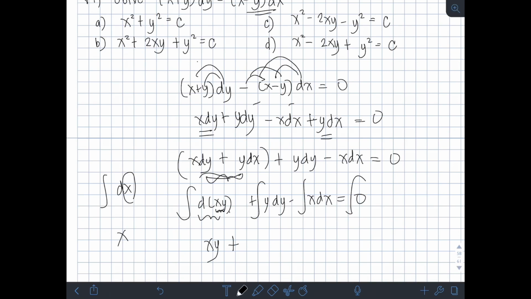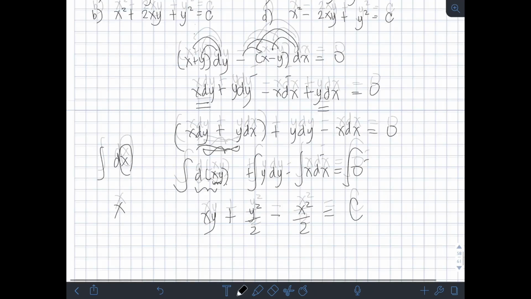Plus, the integral of y dy is power formula, y squared over 2, minus the integral of x dx is power formula again, x squared over 2, equals, the integral of 0, let's just make it a constant.